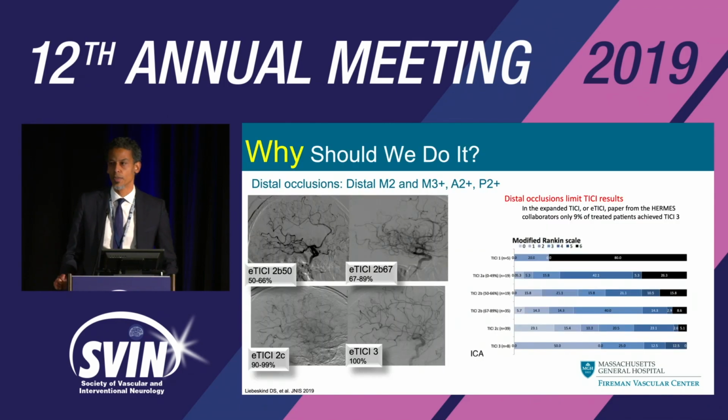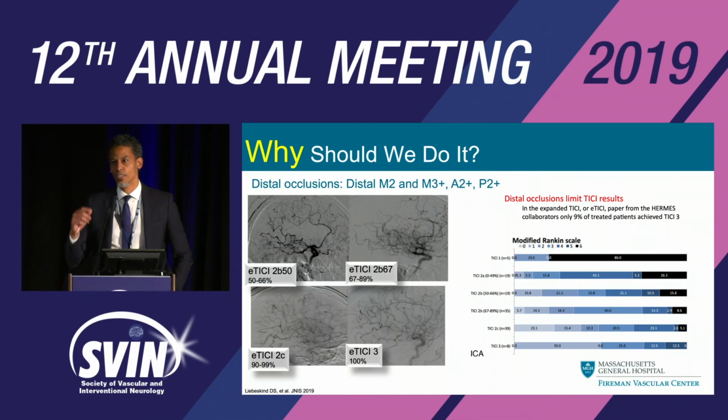I think before we talk about the how, though, it's important to remind you of the why, and the why is that we know that reperfusion is powerful in its neuroprotective effect. You save a lot of brain, and we know that the more you reperfuse, the more you save, and therefore the better patients do. Very elegantly shown in the work from the OME's data set that Dave Liebskin led.